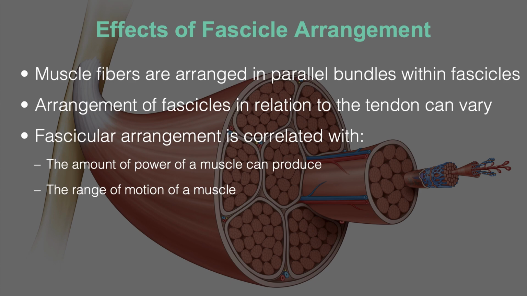So all the fibers grouped together in a fascicle, depending on how they're arranged, will allow that muscle to shorten. If they're all lined up together, shortening is powerful, and it's to a high degree. There's a large amount of movement or a large range of motion.